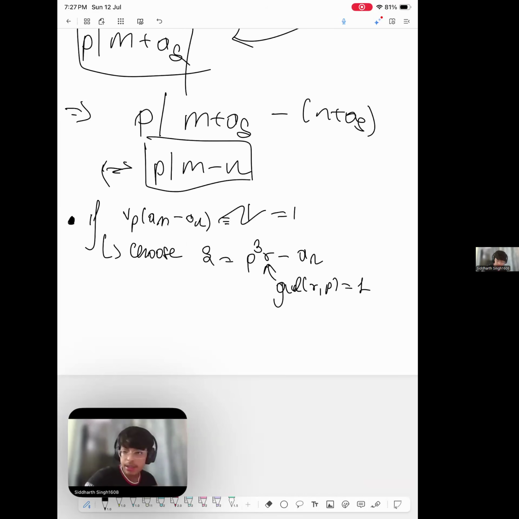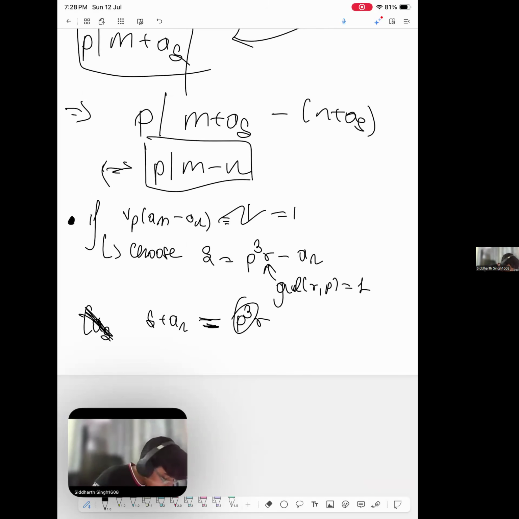What would that mean? We would have that s plus an is congruent to p cube r, is equal to p cube r, in fact. But see, this has odd VP, right? So basically, we are done with the problem in the case VP of am minus an is equal to 1.